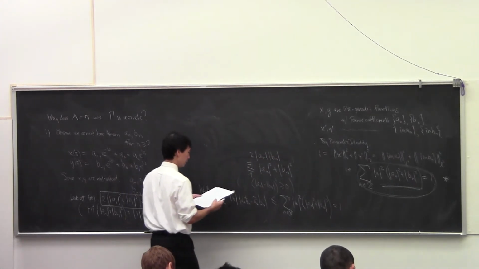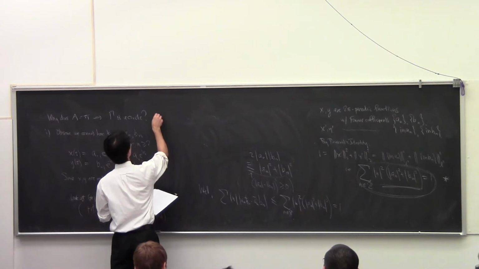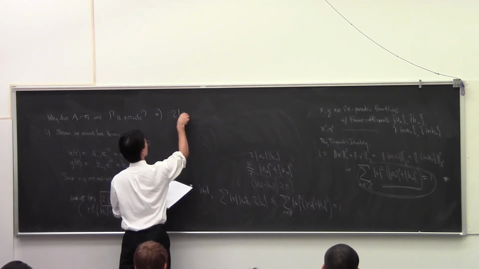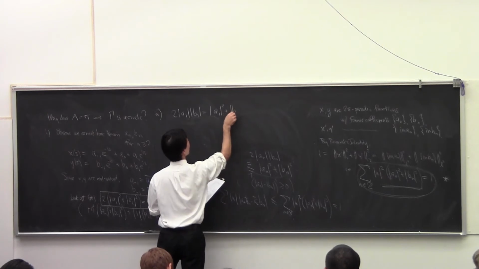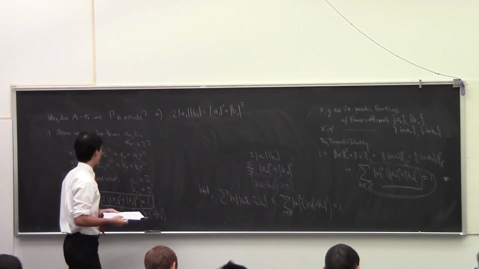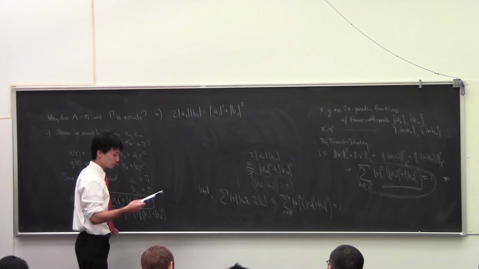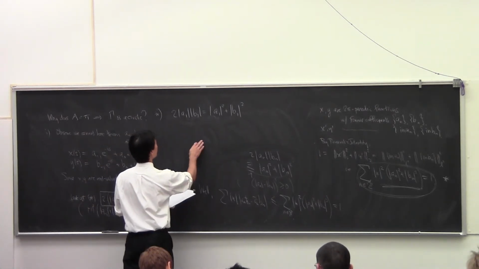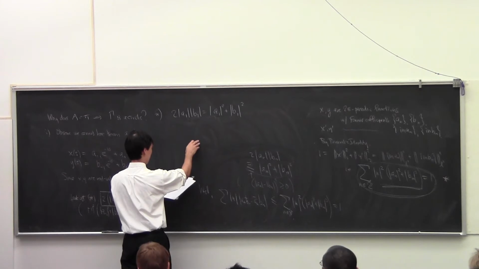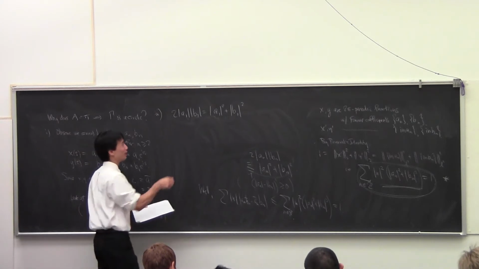We also have from equation 2 that 2 a_1 b_1 must be a_1 squared plus b_1 squared.